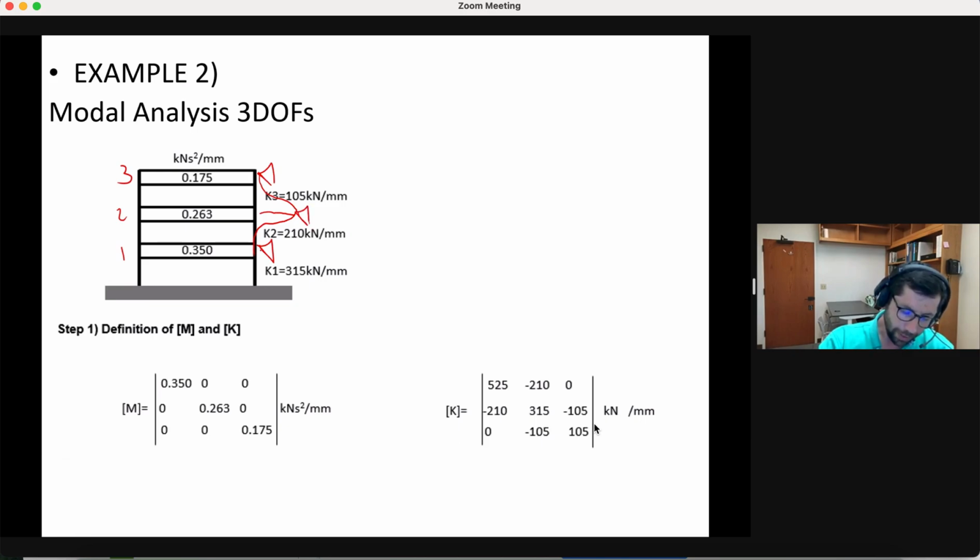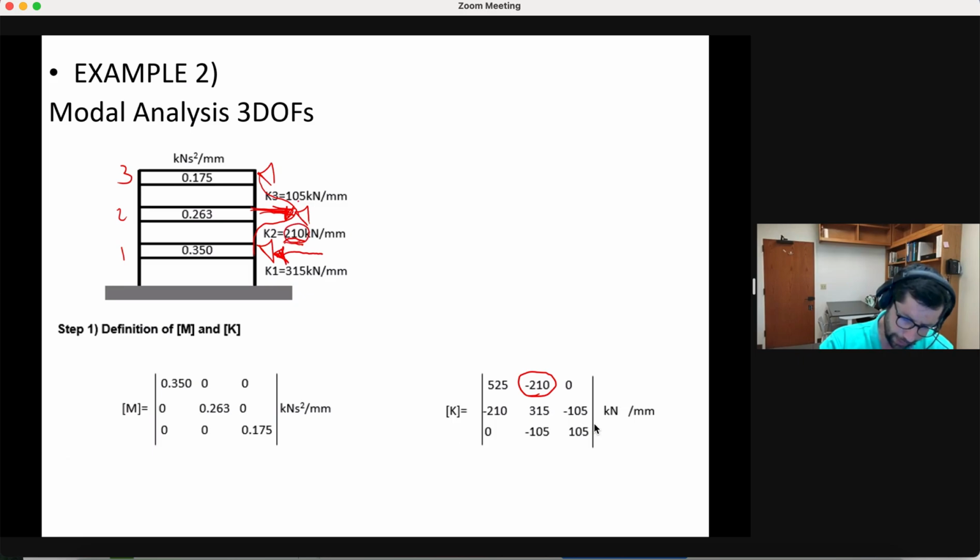How big is the reaction at this level? Clearly the reaction at this level is going to be negative. This pin must be applying a reaction in the negative direction, which is proportional to K2, and therefore is minus 210. How about the reaction at this level? The reaction must be pointing in the positive direction. How big is this reaction?